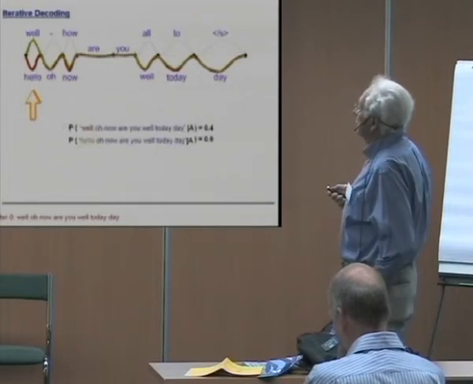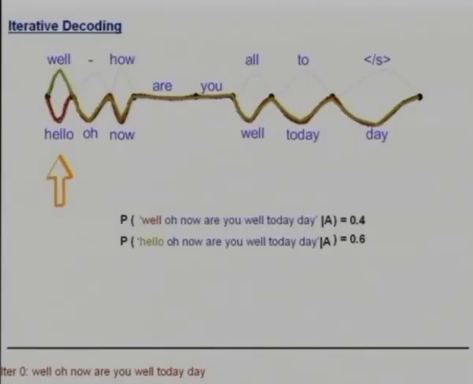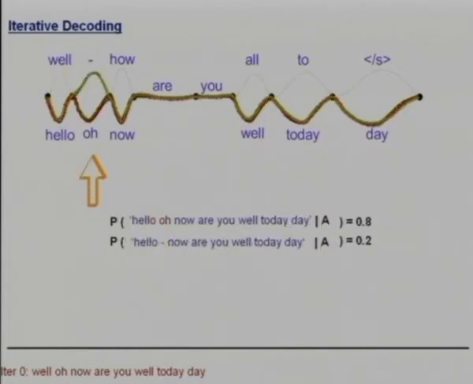So it turned out that well was less probable than hello, and so the two alternatives are switched, and the currently best alternative is again the lowest path. And this continues.